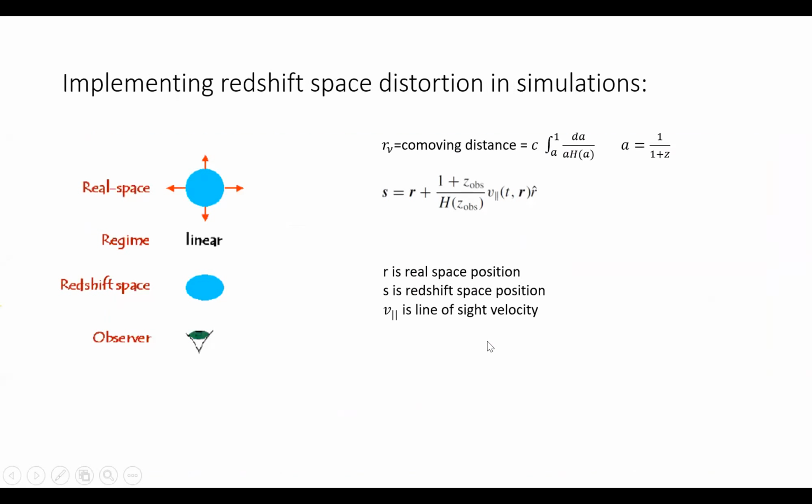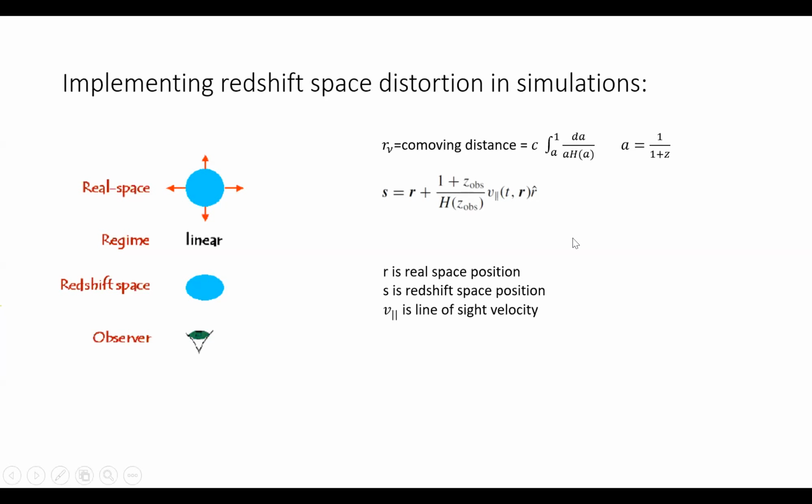Now, this peculiar velocity will change the redshift measurements. Because in addition to the Hubble velocity, you will have extra velocity, and that will change the redshift measurement. In cosmology, we calculate the distance of an object using redshift, and of course using cosmological models.